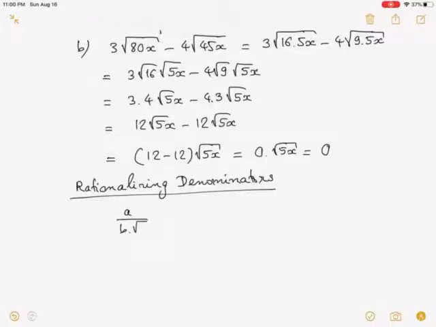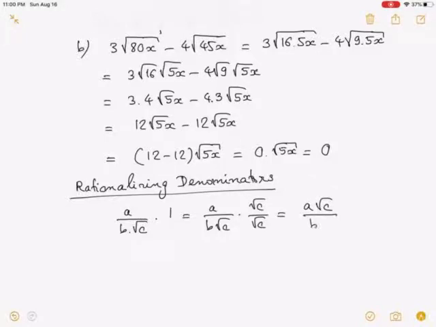So if you have something like a divided by b square root of c, it is unchanged if we multiply it by 1. If you multiply by 1, it is the same as multiplying by square root of c divided by square root of c.